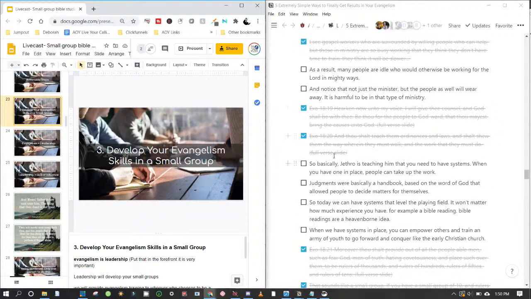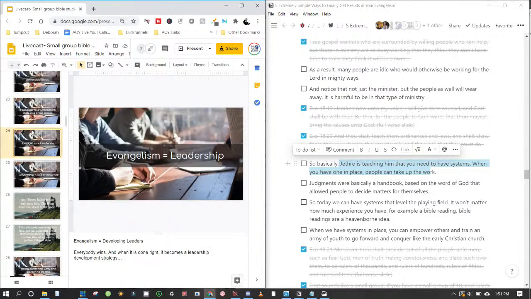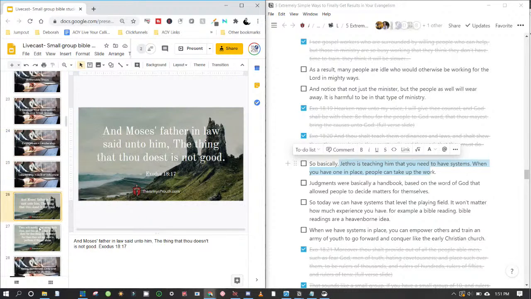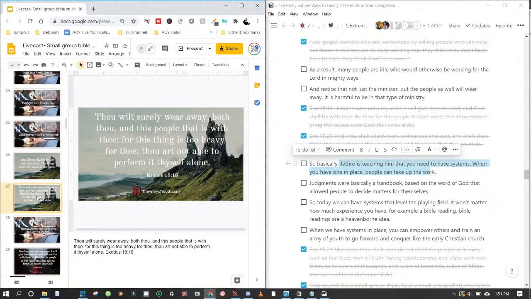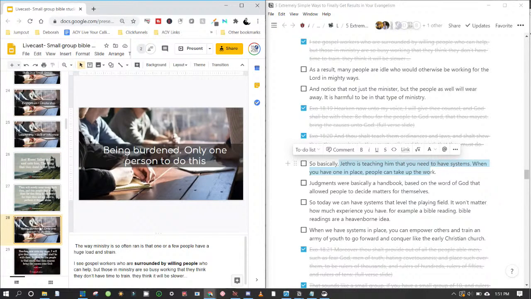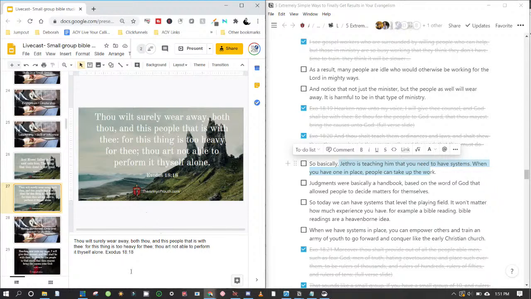So then we'll read here. Basically Jethro is teaching him that you need to have systems. When you have one in place, people can take up the work. One thing we want to encourage is that I see you're doing really good with putting the verses on here and duplicating them down there.